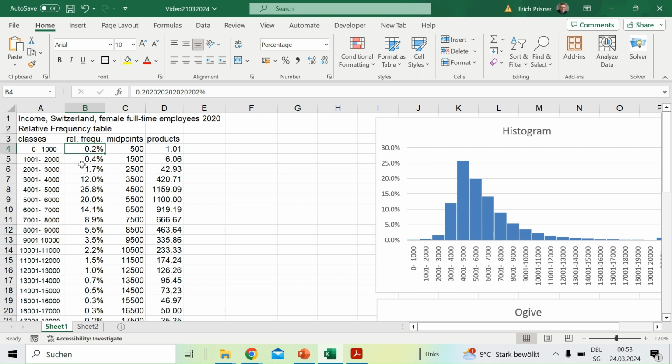Of course, we would multiply the number of people in this class by the average income in this class. So remember again the midpoints, we discussed this in part 2. We assume that everybody in this class gets just the midpoint of this bracket. So we need to know how many people we have, but we don't know how many people we have overall.